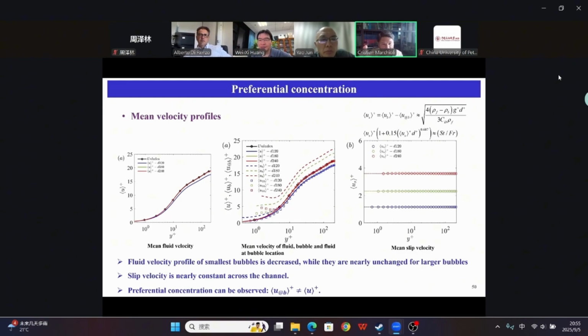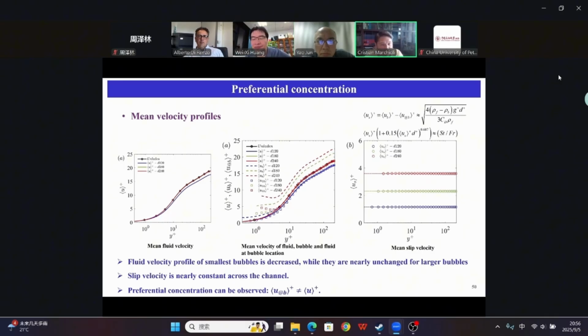When you include the bubbles, we had a vertical channel, so depending on the motion of the fluid, we could have an increase or a decrease of the Reynolds number that could be explained through these effects. If you suitably change the mean pressure gradient that drives the flow to include the effect of the bubbles, you can rescale the shear stress at the wall, and that is basically rescaling the actual Reynolds number of the flow.